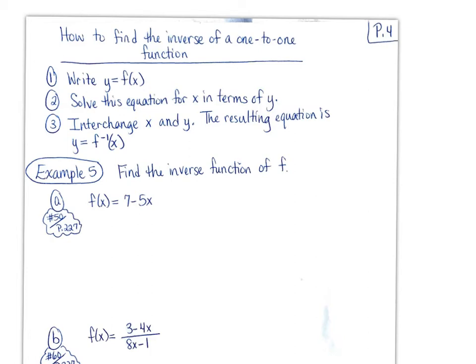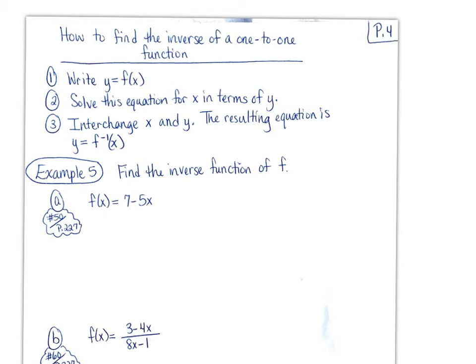So, let's do part A. We have to find the inverse function of f of x equals 7 minus 5x. Before we take these steps, what should we confirm or verify? In order for us to even find the inverse function, what do we need to know about f?